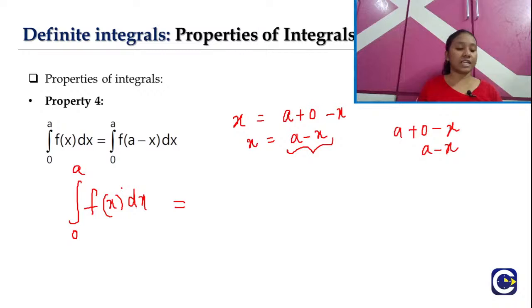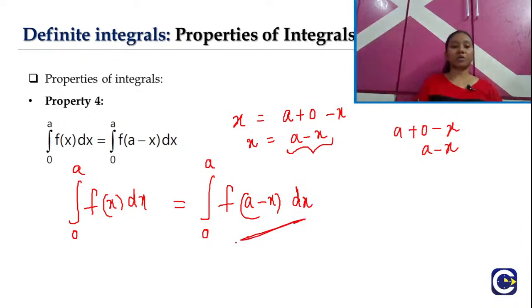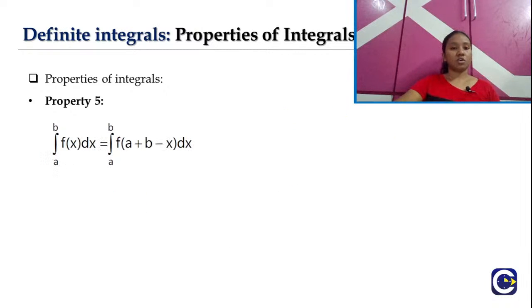So this integration of function f of x dx within the limit 0 to a can also be written as integration of function f of a minus x dx within the limits 0 and a. This is the most important property when it comes to trigonometric functions because it is most applicable there. So moving on to the next property here.